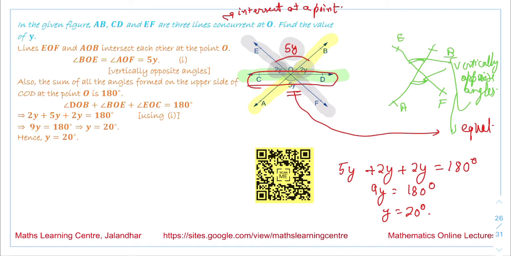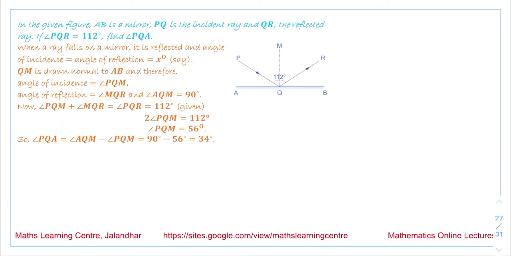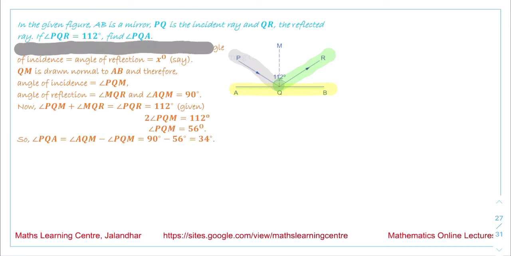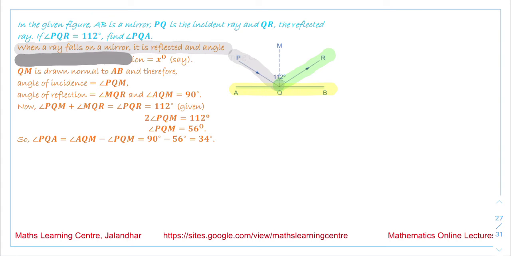Now the next question. In this figure, AB is a mirror, PQ is the incident ray and QR is the reflected ray, and the angle PQR is given to be 112 degrees. It is a property of the mirror that when a ray falls on a mirror, it is reflected and the angle of incidence is equal to the angle of reflection.